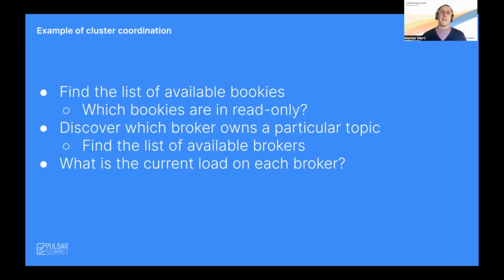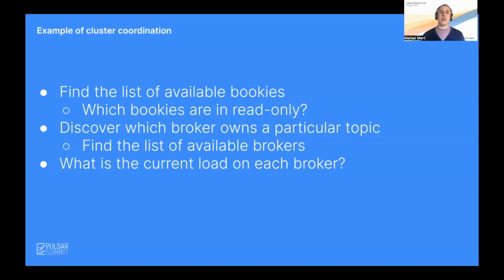And so on. The other one is, for example, the service discovery for Pulsar brokers. A client, when it comes up, will need to figure out which broker owns a particular topic, and there is a complicated mechanism by which the topics are assigned to brokers.